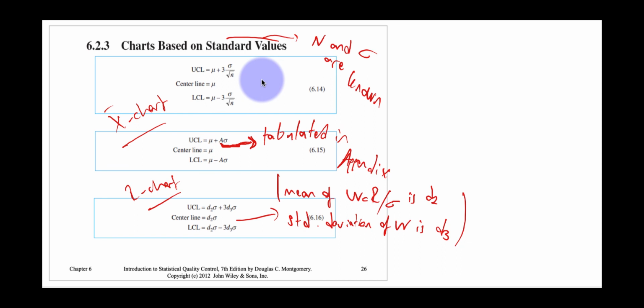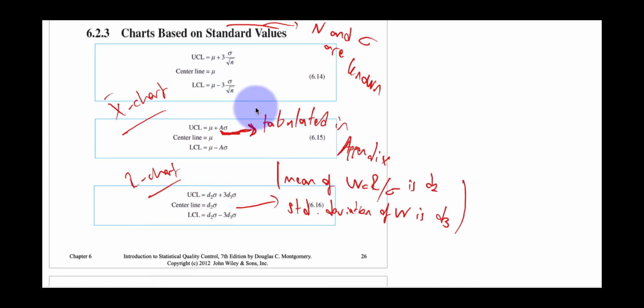But this is the case for unknown sigma; here we know the sigma value, so we directly use it. Okay, so the A here is 3 over square root of n. This is also tabulated in the appendix in the book. You can use it too.